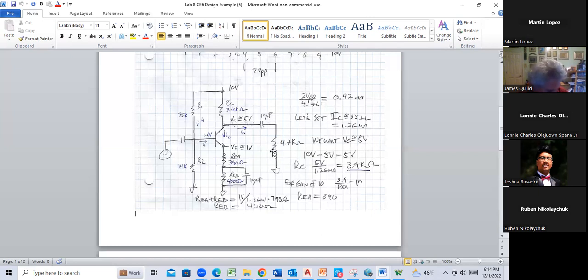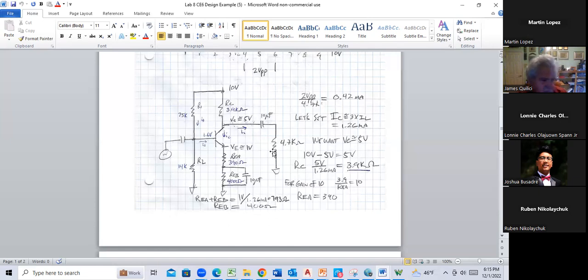Okay, now I'm just going to do a hand calculation here. I've got a load of 4.7K, in parallel with 2000.